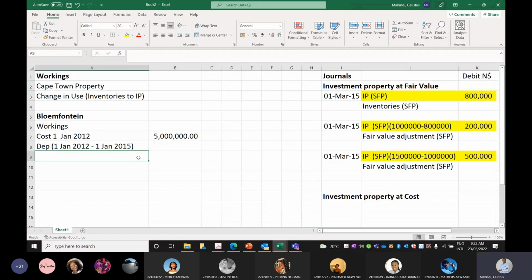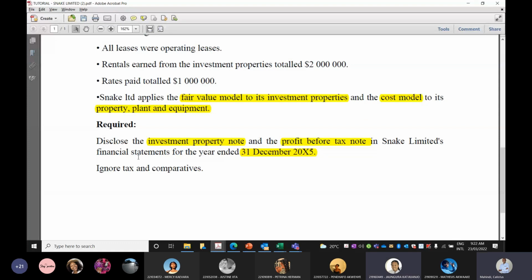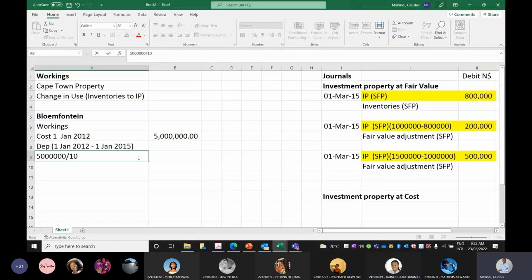That would be 5 million, right, divided by what is the useful life? 10 years. We divide it by 10 years and we'll get an amount of 500,000 per year, isn't it?